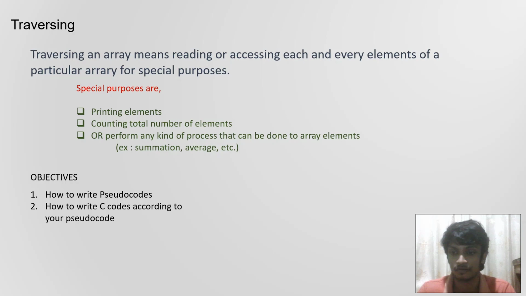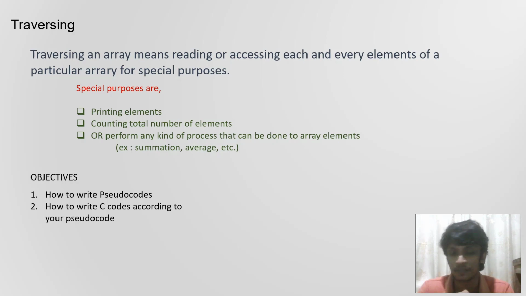Examples like summation, which means you can go through everything contained in the array and get the sum of those values. Make sure that your array contains integer values, otherwise the summation will not be accurate. For example, if your array contains string values, the summation of string values does not make sense.